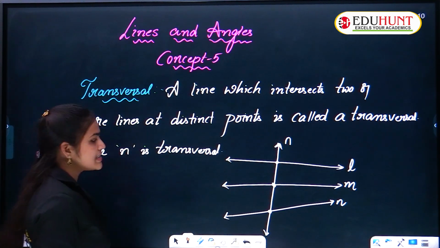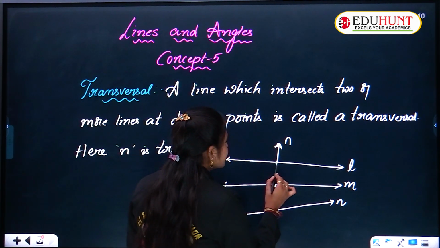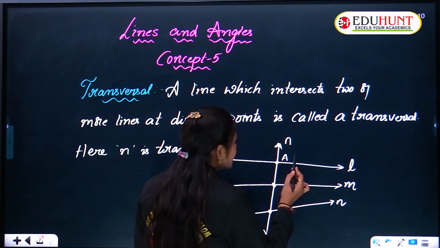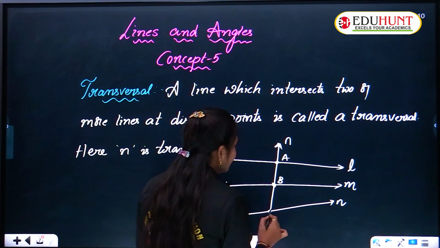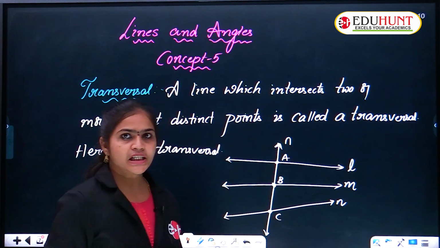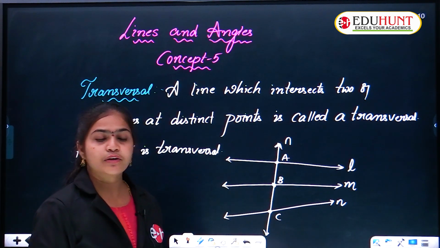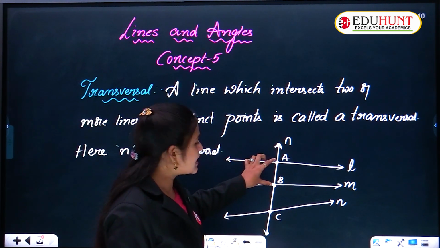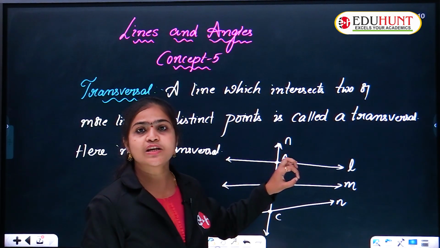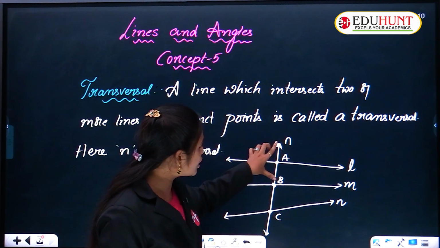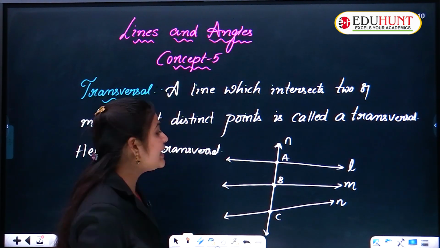Understood? And in the same way, see, I am taking these points as A, B and C. Okay children, now the distance between two different points on a transversal is called an intercept.